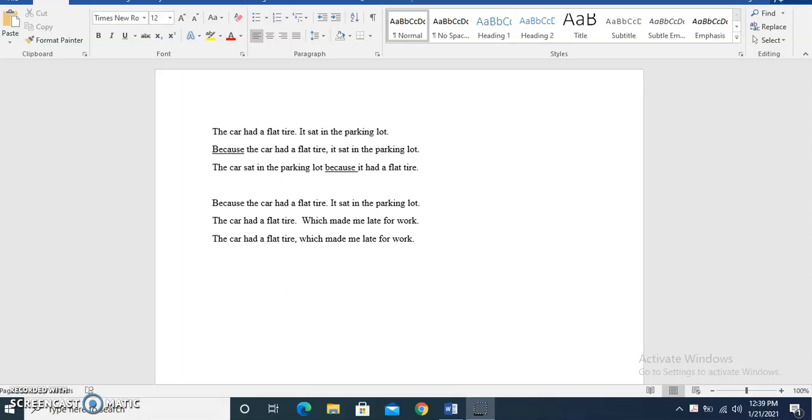I just put that subordinating conjunction in a different place. But that's it. We have these two separate ideas, and now we're just connecting them together because they are related. So these subordinating conjunctions are really good to use and can make your writing a lot smoother.